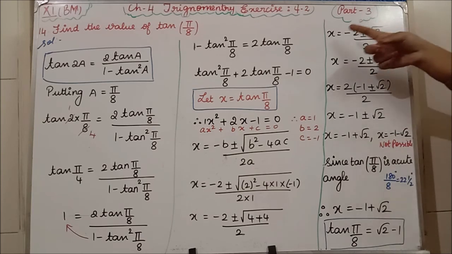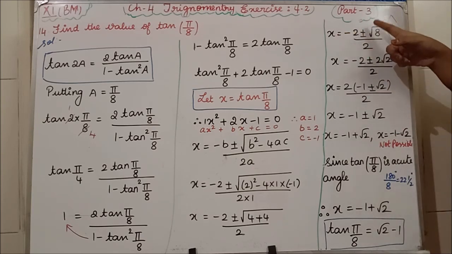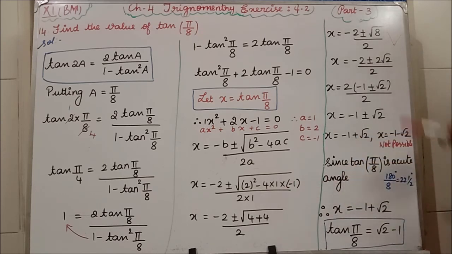Now x is equal to minus 2 plus or minus square root of 4 plus 4, which is 8, divided by 2. Now you all know the square root of 8 is 2 root 2, isn't it? So in the place of square root of 8 I am writing 2 root 2, divided by 2.